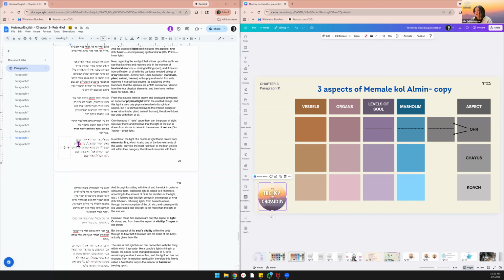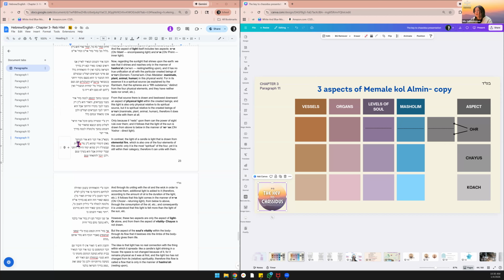In accordance with the same amount of the oil, the duration of the light will be. ונמצא שהאור הזה הוא בדרך אור חוזר. And we see that this light is in the way of Or Chazar. So therefore, please do yourself a favor, write down ner, or chazar. Now we're going to put that together into our table shortly.